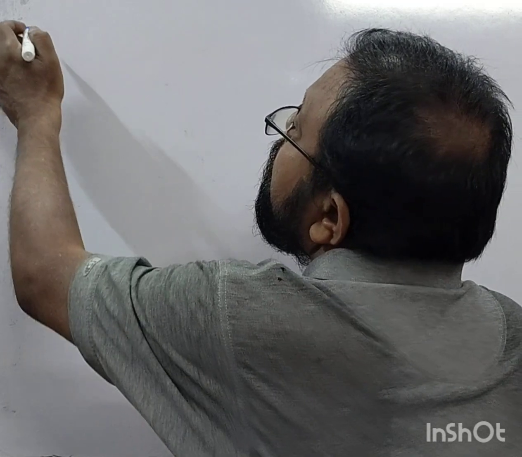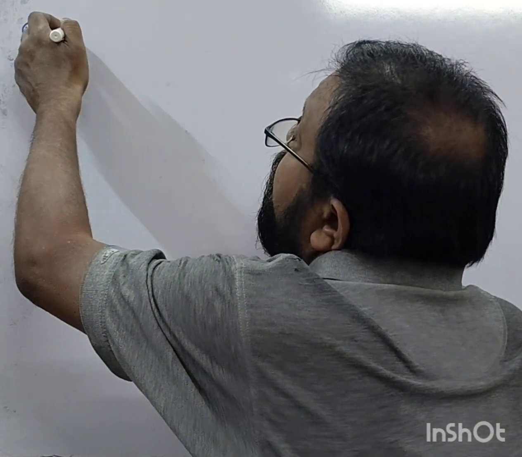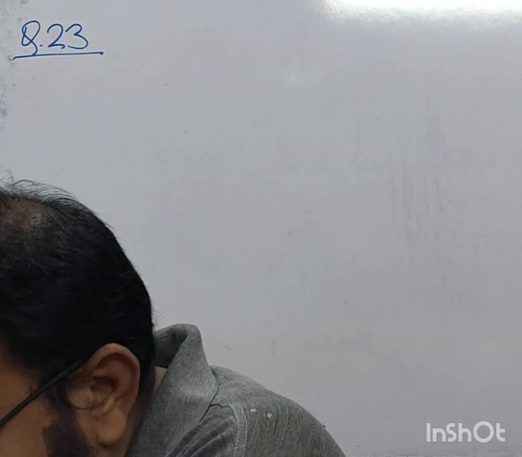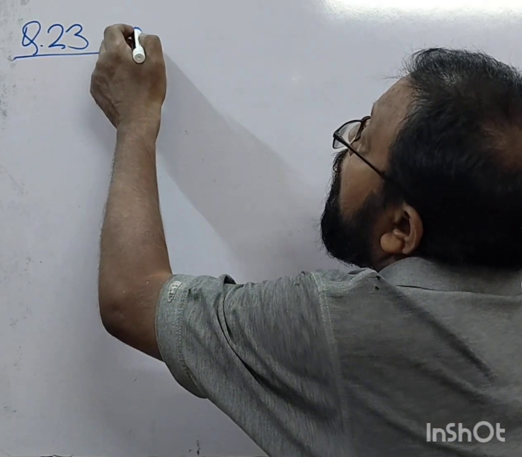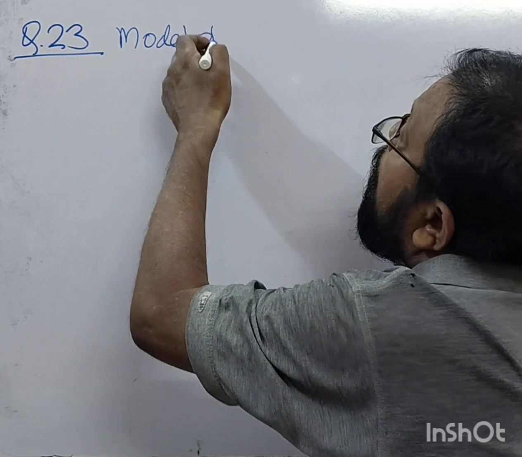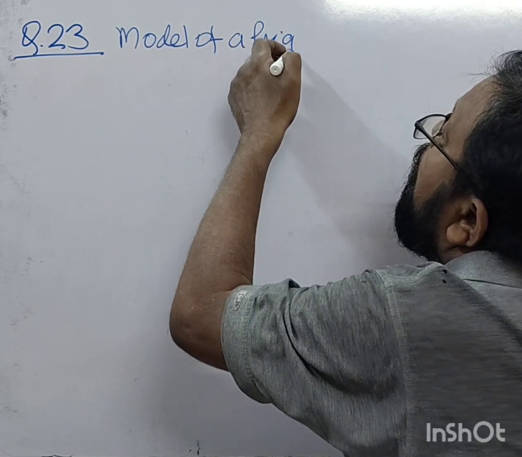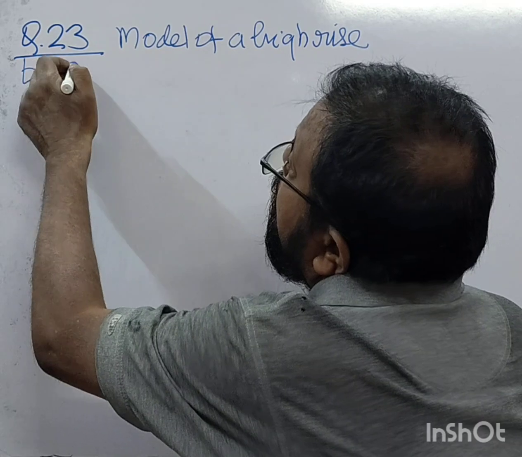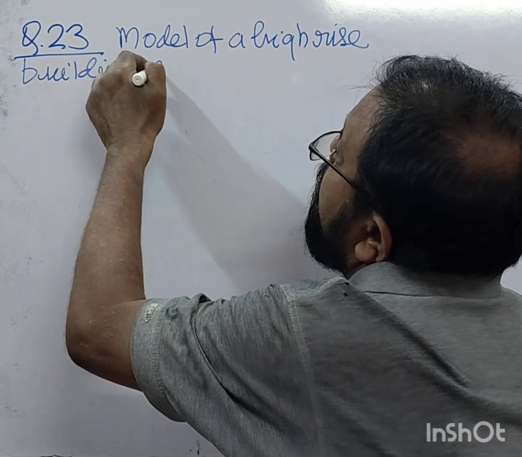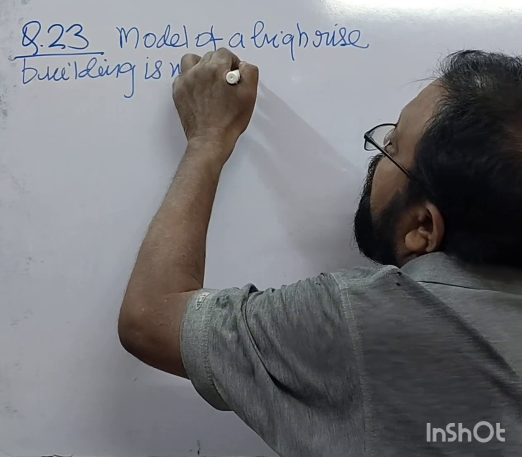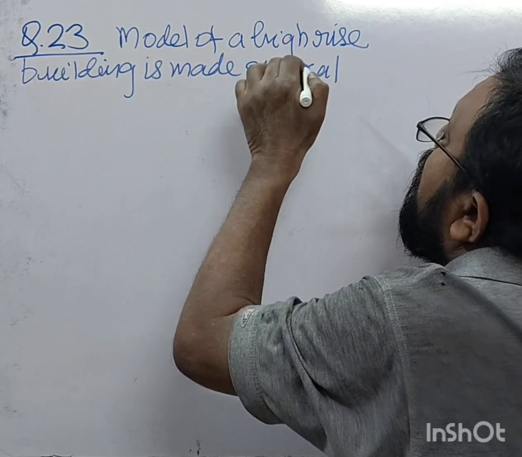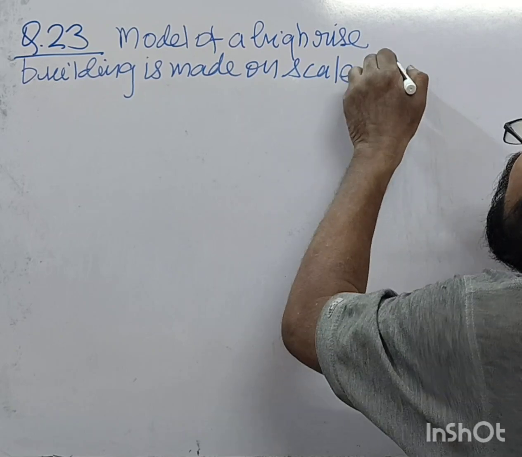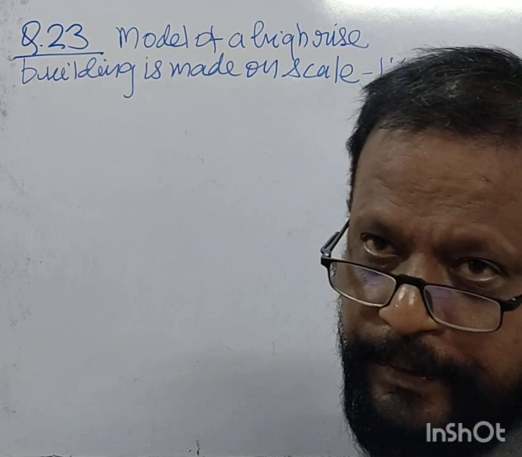So question number 23. A model of a high-rise building is made on scale 1:50, right?